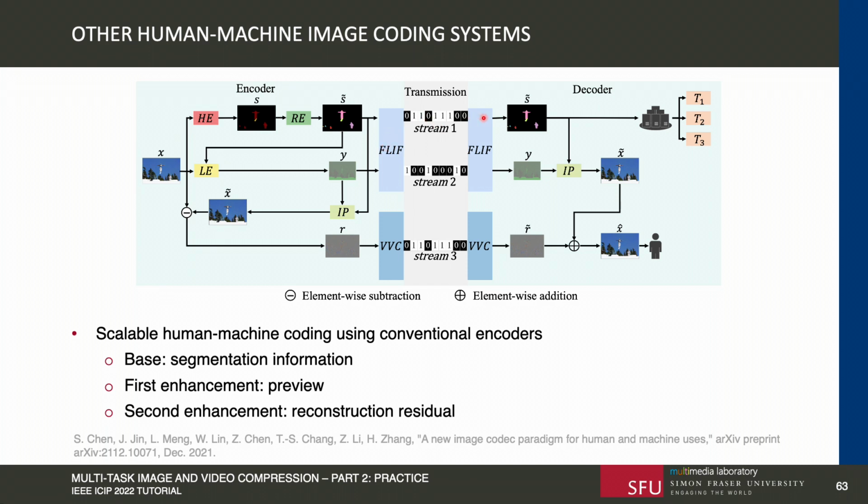Then the next enhancement also losslessly codes a bit of information that's needed to produce a reasonable preview of the input image. So that will be like the first enhancement, and then finally the second enhancement is a bitstream coded using VVC, which then basically provides the residual necessary to recover a good approximation to the input image.